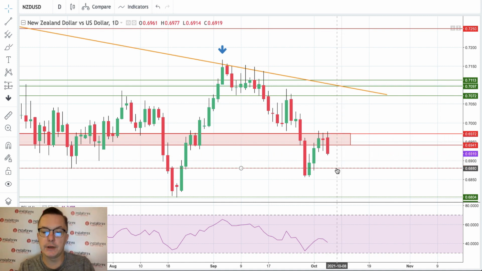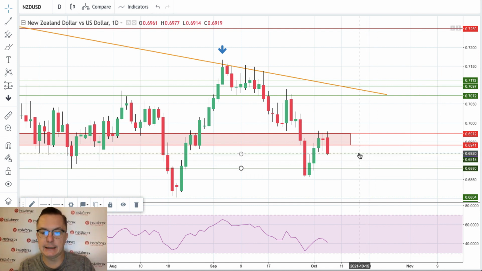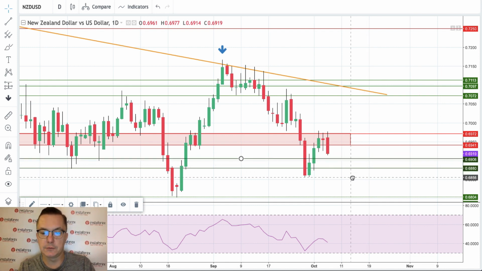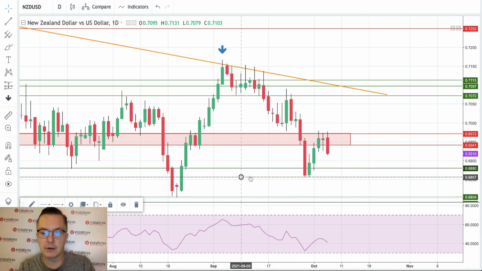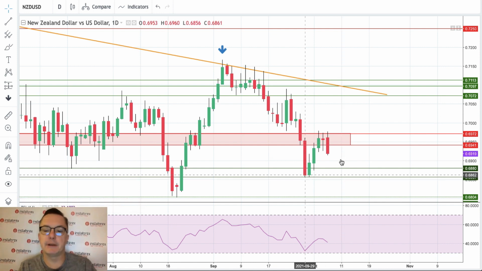So where are we going right now? I think we should go lower towards 6,880 and of course towards the low. Let me just move my line towards the low of the end of September, located at the level of 6,853 pips.